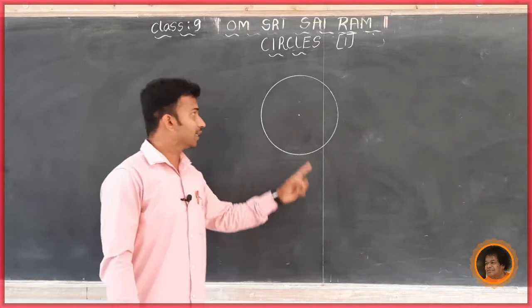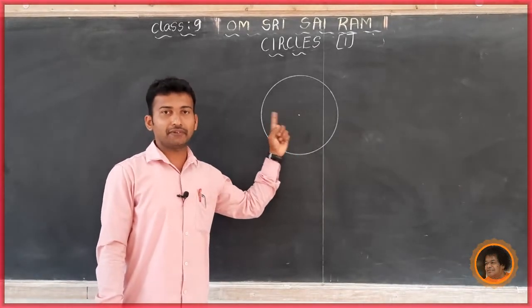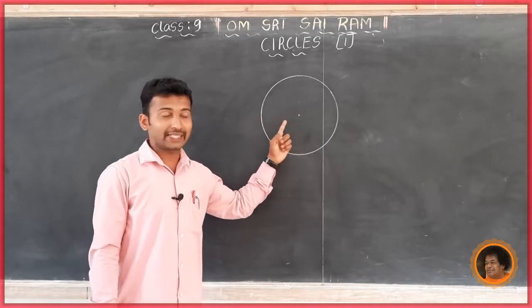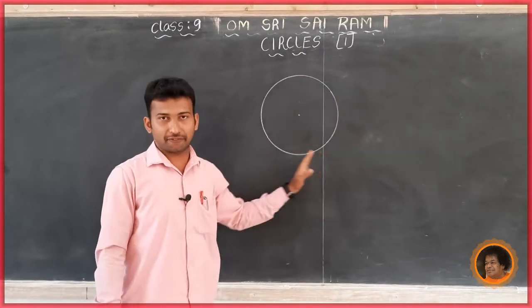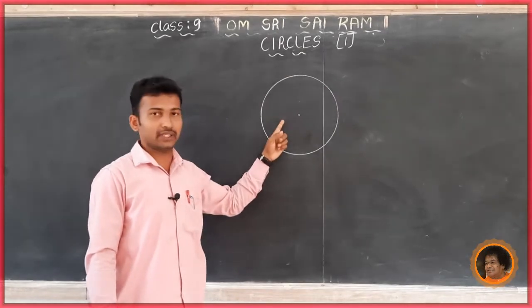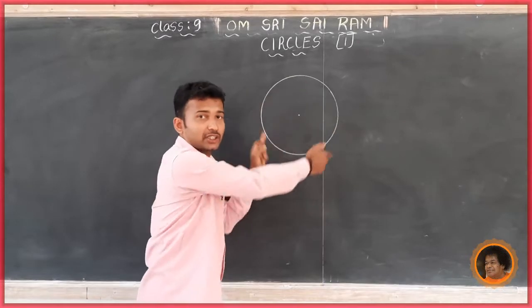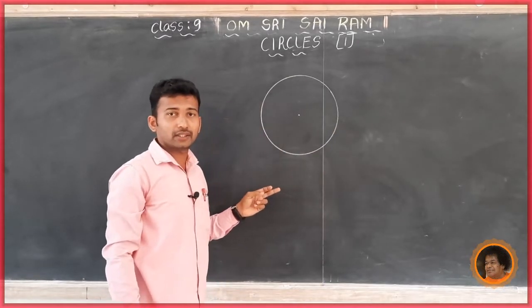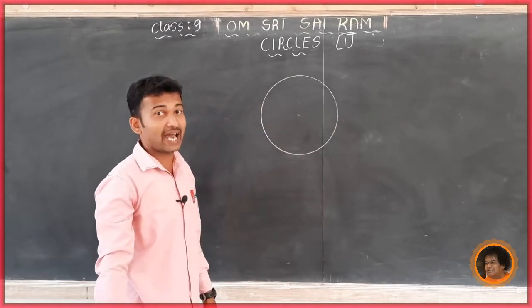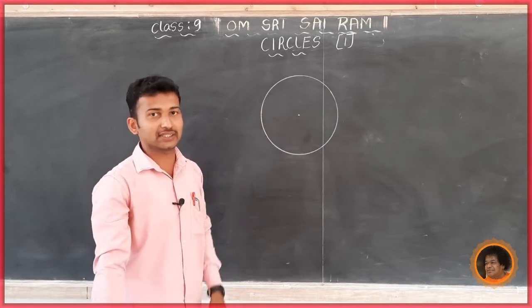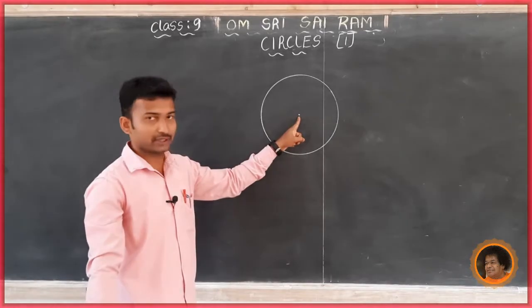Let us see. This is a geometrical figure or geometrical construction, and it is on a plane surface. Look at this figure. The construction is formed by a lot of points, and the points are at a fixed distance from a fixed point.